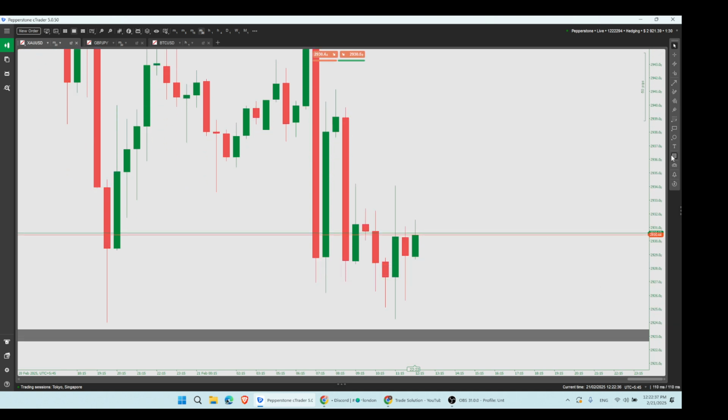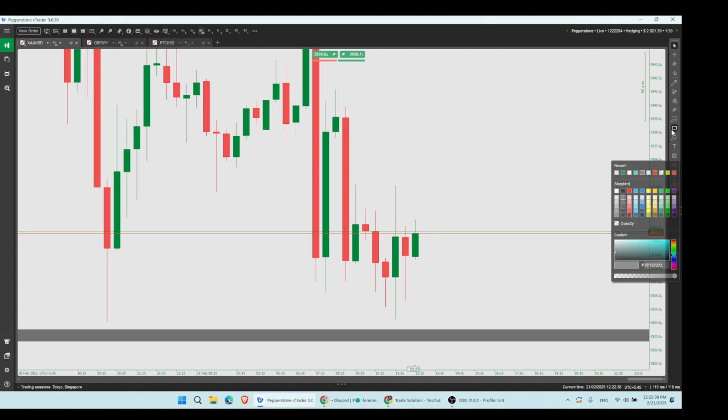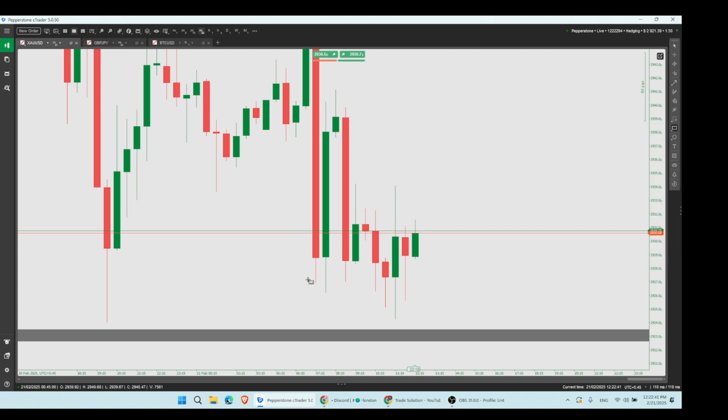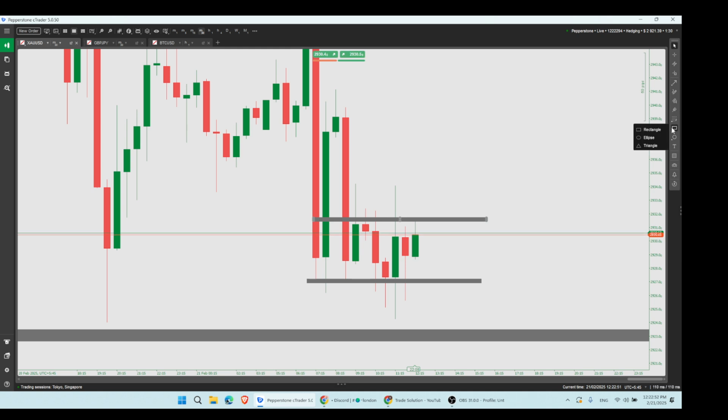Looking at the 30-minute, this makes a little bit more sense. If you look here, this candle has created a support at this point, and at the same time there is a resistance above. Let me just measure this range.